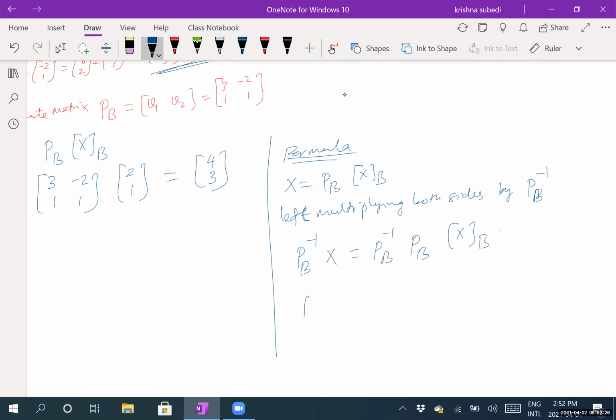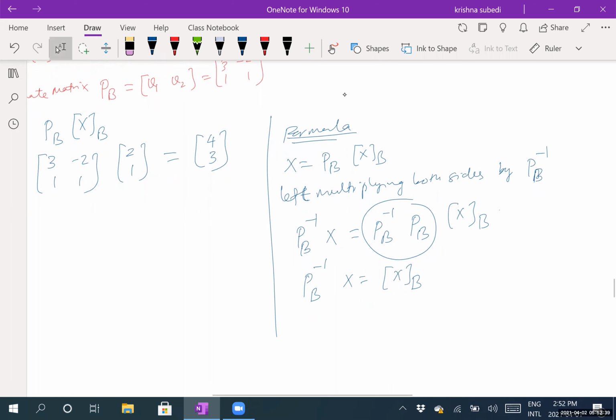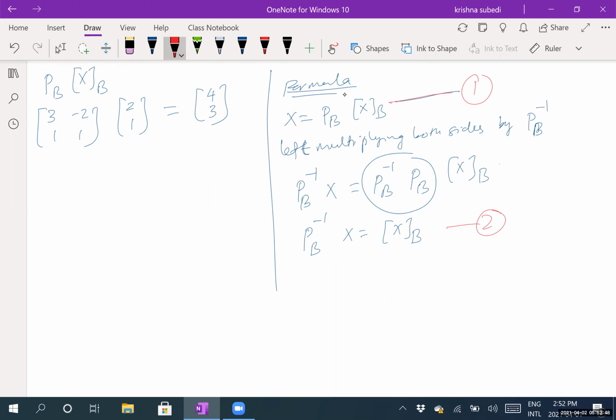So PB inverse X equals, this part becomes 1, you see? So the B coordinate of X. So that's another formula. Now remember, we have two formulas here. This is our formula number 1. And this is our formula number 2. So let me just write it down this way. XB, the B coordinate of X, is actually this one. Let me write this as formula number 2.